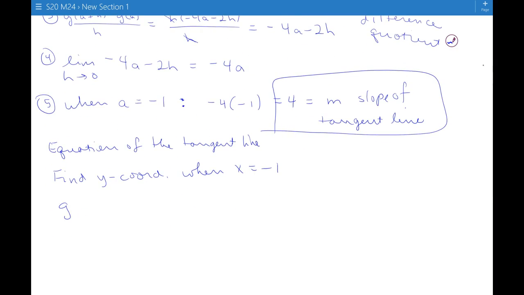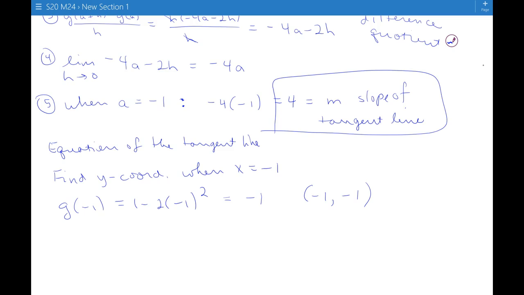So you need to find g of -1. So you plug that into the function. Because what's happening here is this is the point where the tangent line and the graph of g touch, at this point. So it's on both things, the curve and the tangent straight line. So this is going to be -1. So the point -1, -1 is my point that I know is on the tangent line.